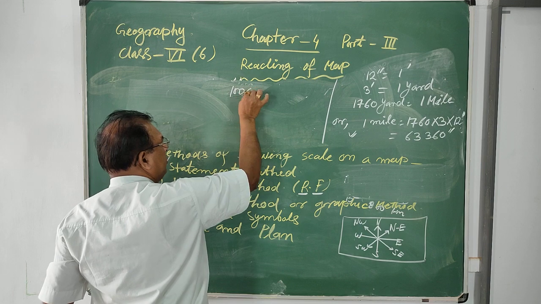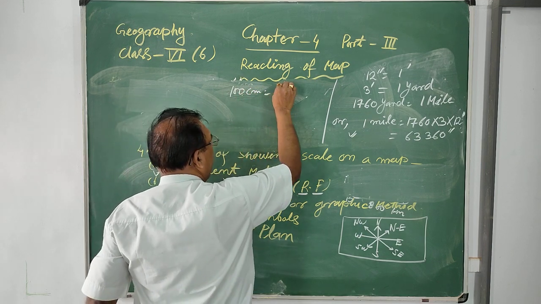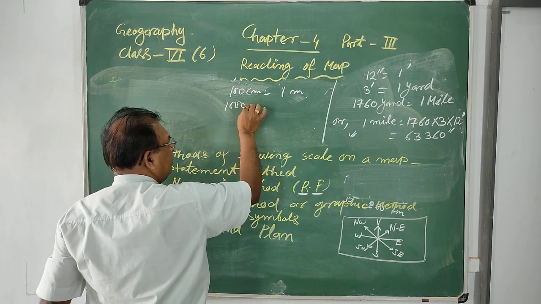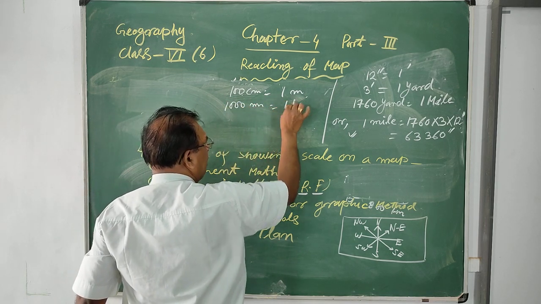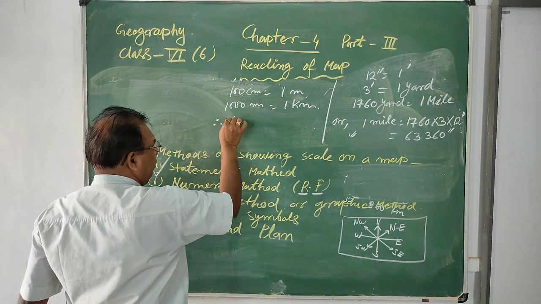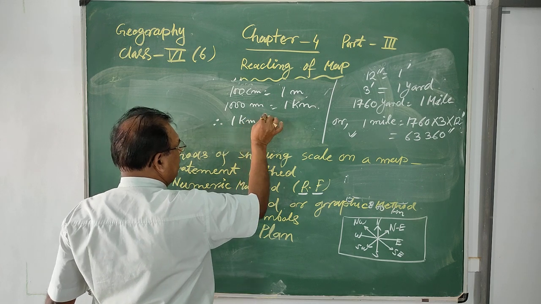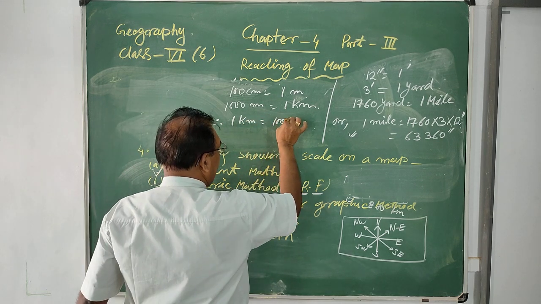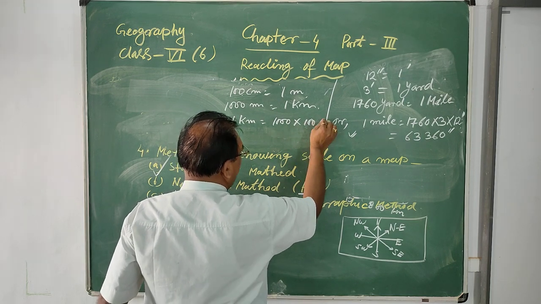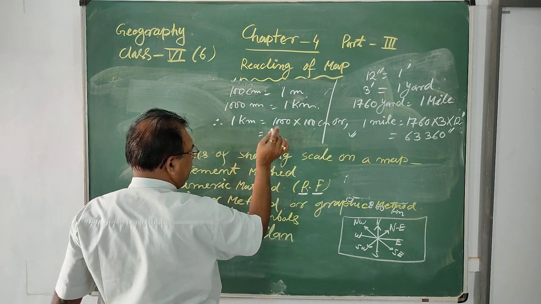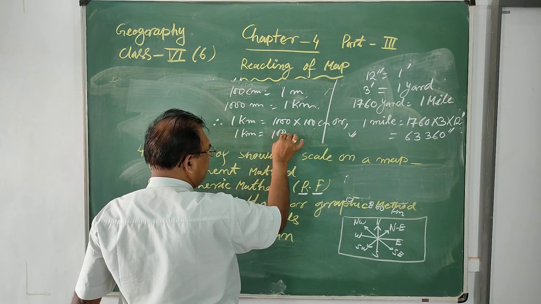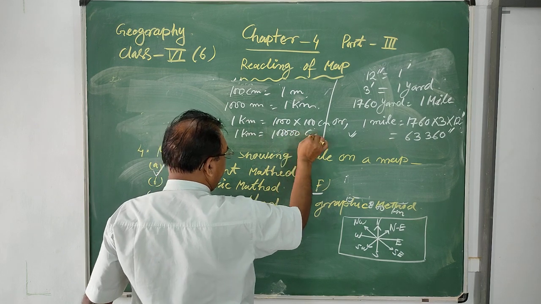If you want to convert to kilometers, remember this: 100 centimeters is equal to 1 meter, and 1000 meters is equal to 1 kilometer. Therefore 1 kilometer is equal to 1000 into 100, which converts into centimeters. So you will find 1 km is equal to 1 lakh cm.